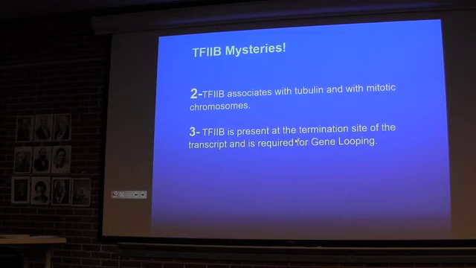TF2B associates with tubulin and with mitotic chromosomes. We don't know why. It works in mysterious ways. TF2B is present in the termination site of the transcript. It is involved in termination of transcription and is required for gene looping.